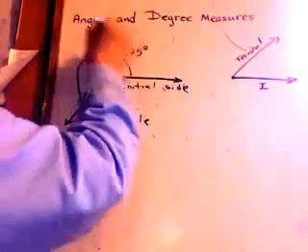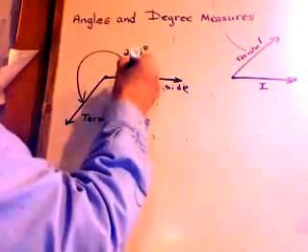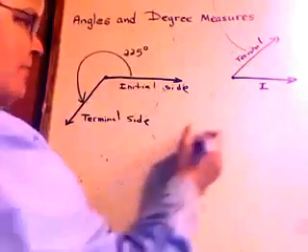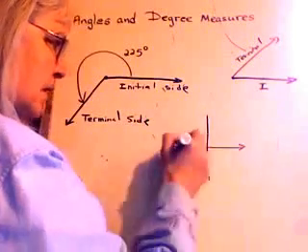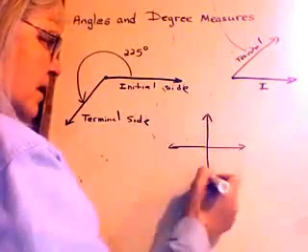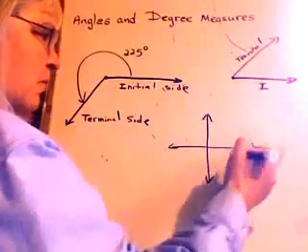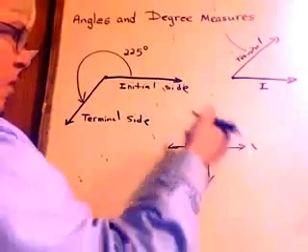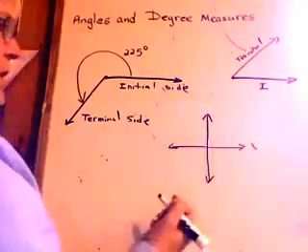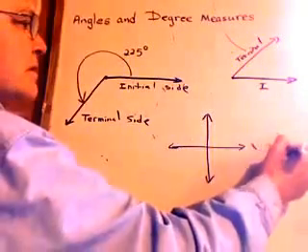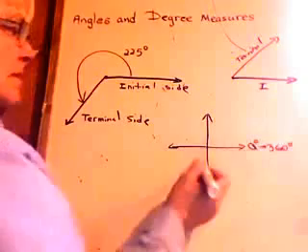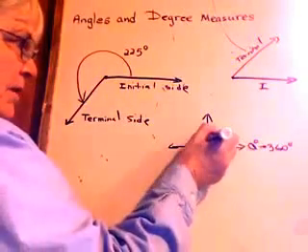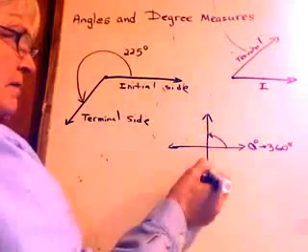Well, a complete rotation is 360. And if you think of this grid here, I'll put a little axis grid, starting with this x-axis. If I go all the way around once, I've gone 360 degrees. So it starts at 0 degrees, and it goes to 360. So from here to here, do you know how many degrees that is?